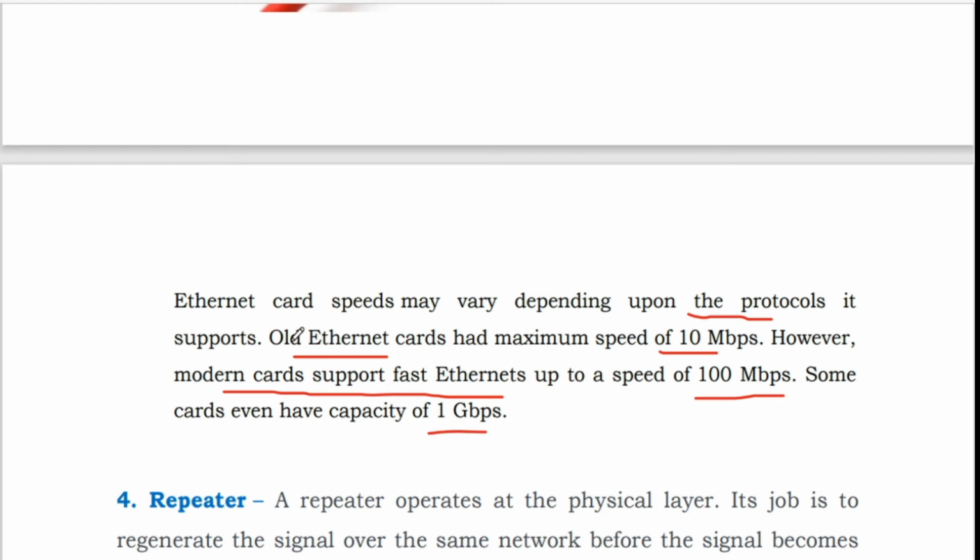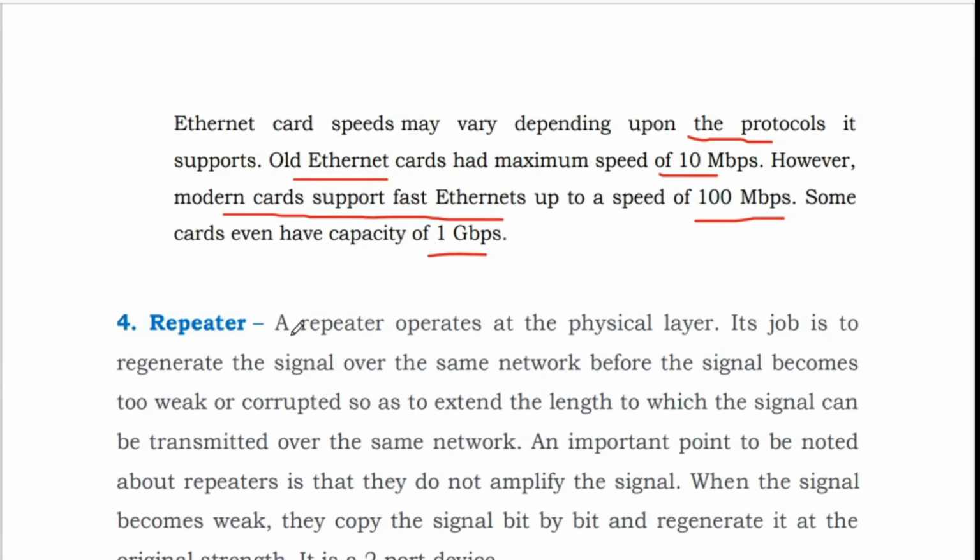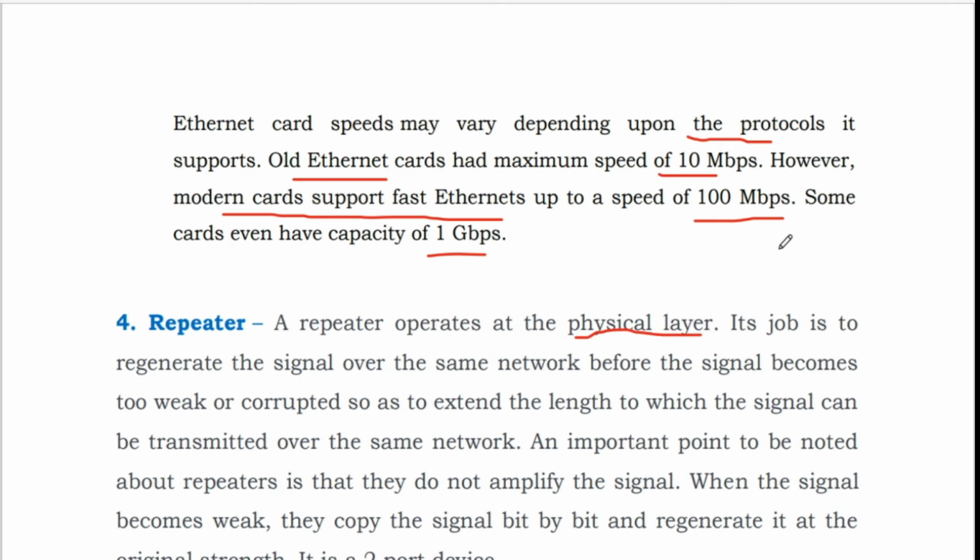So these are a few of the devices we use for electronic devices to communicate with each other. Apart from that, we have another device called a repeater. A repeater operates at the physical layer. We have different layers in a network.